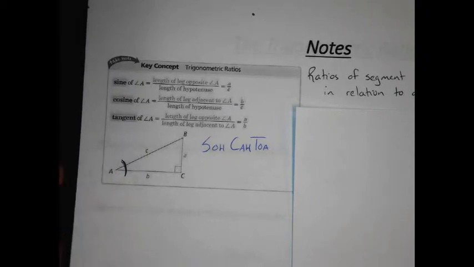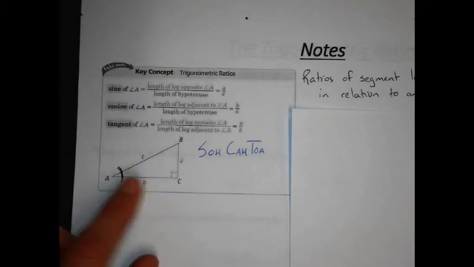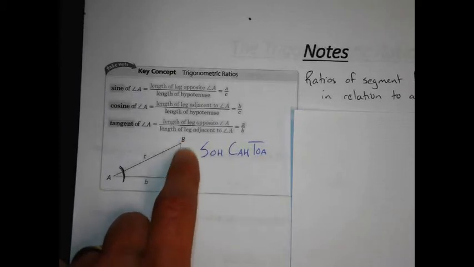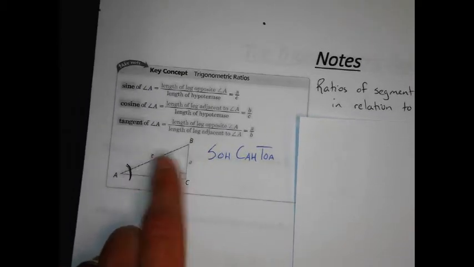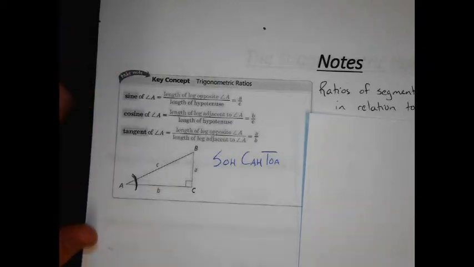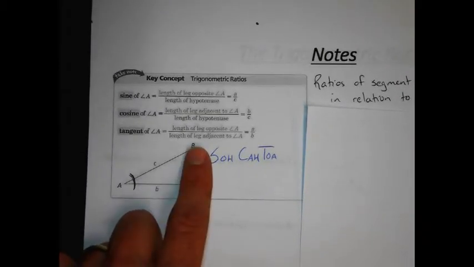We have an adjacent leg, the leg that is touching the angle. We have an opposite leg, a leg that is opposite the angle we're looking at. And of course, our hypotenuse. So there are 3 types of segments: an adjacent leg touching the angle, an opposite leg not touching the angle, and the hypotenuse.